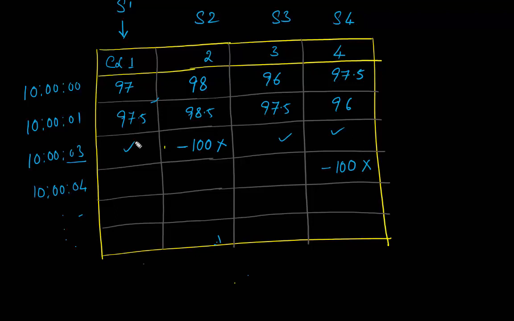So what we want to find out are all the instances, all the cells in this data frame where there is a minus 100, meaning all the instances where the sensors have malfunctioned, and just replace them with NA. Same thing here, NA. It sounds simple, right?